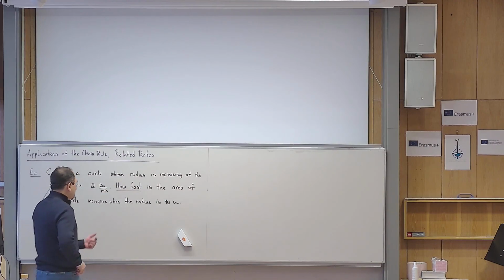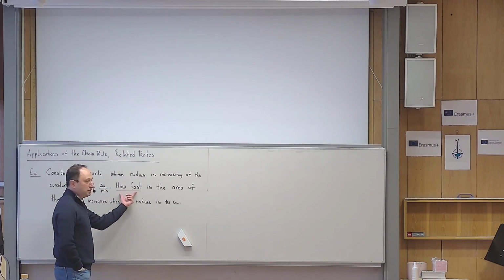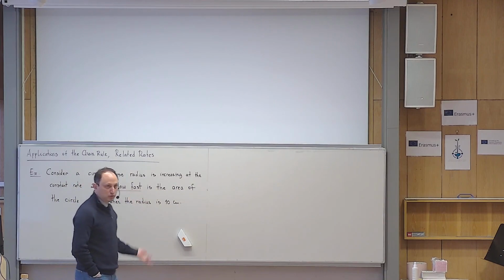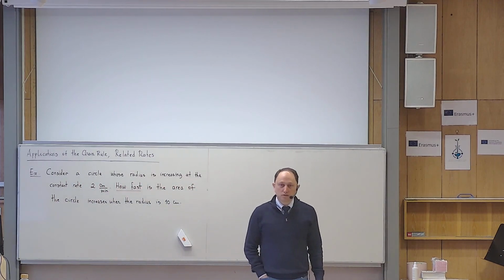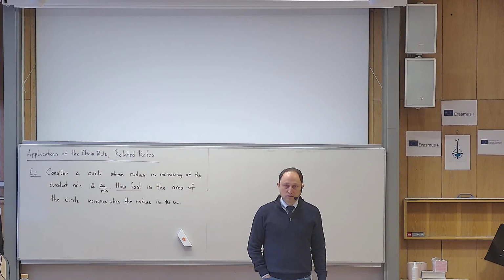Okay, first of all, I want to ask your intuition. When you say how fast, what do we mean? Yes? How much happens each instant? No, there is a very clear meaning to how fast. What is the slope of the tangent line to that point? Yes, a better saying.